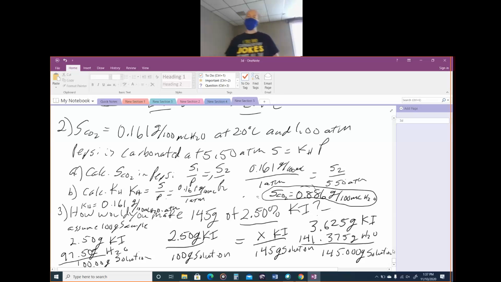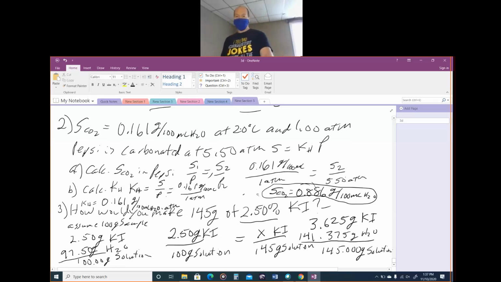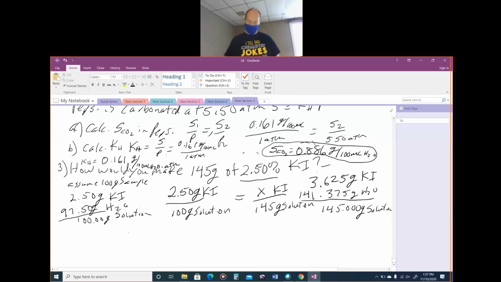If we're doing 3 sig figs, which we probably should be, since everything was given to 3 sig figs, you would dissolve 3.625 grams of KI in 141.375 grams of water.